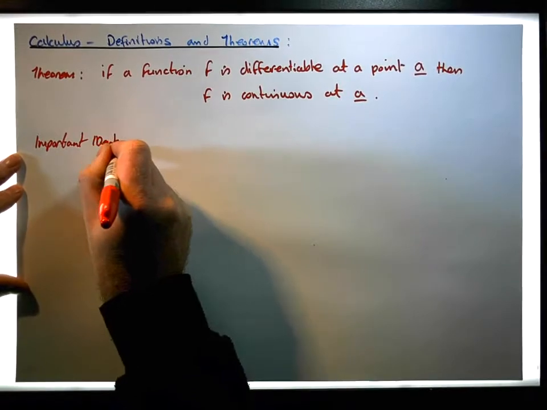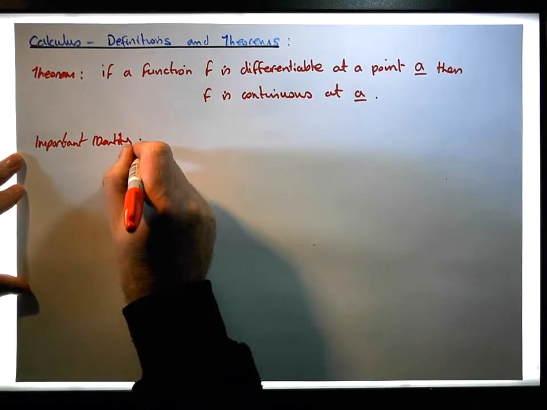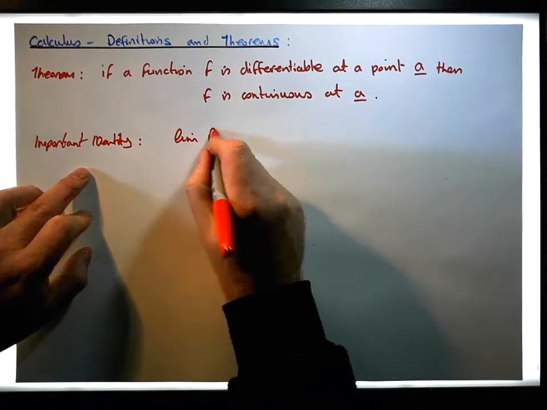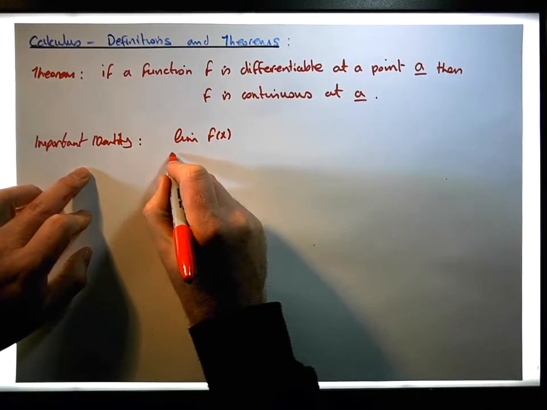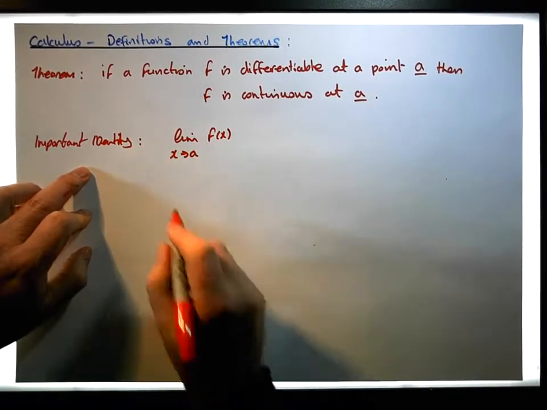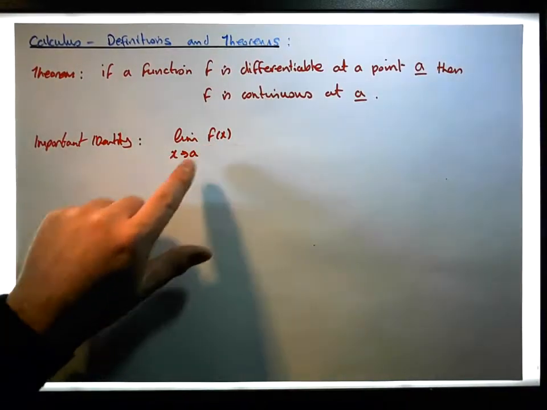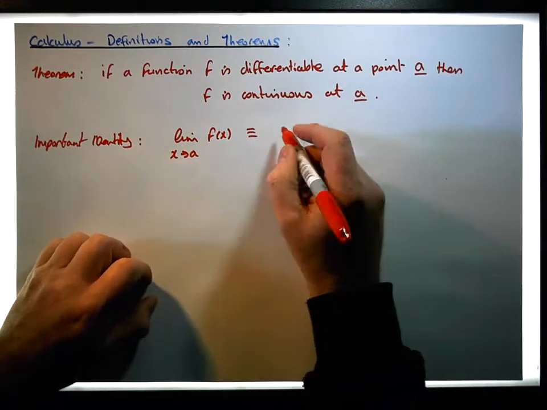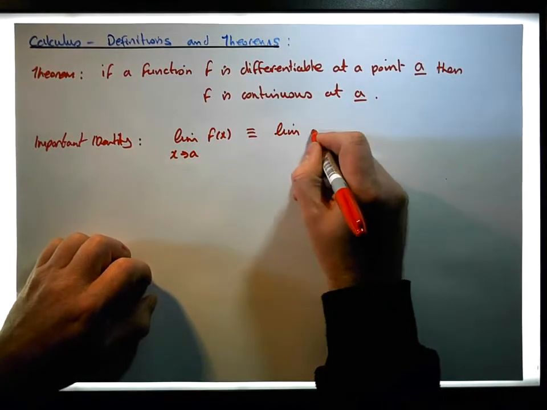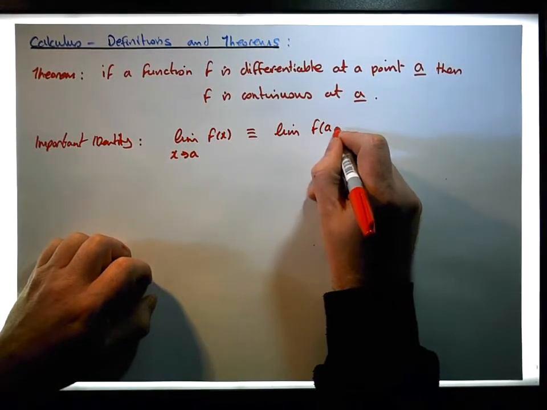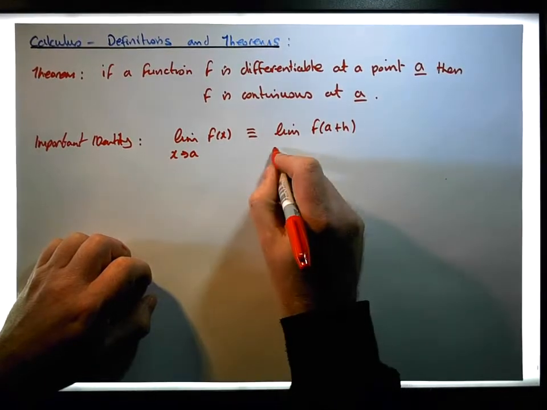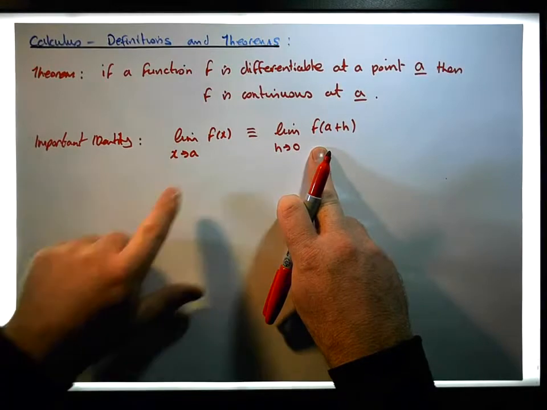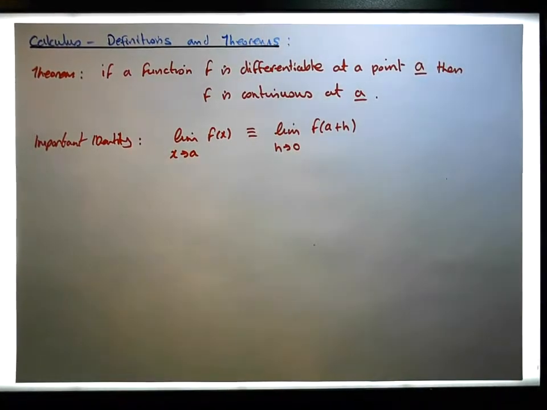This identity states that the limit of f of x as x tends to a, if it exists, is equivalent in notational form to the limit of f of a plus h as h tends to 0. These two things are equivalent to each other, just from a notational perspective.